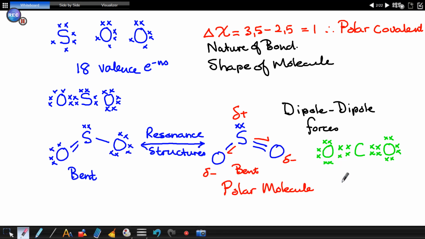So this molecule has only 2 things around the carbon, the 2 oxygens with their bonding electrons. So this molecule is a linear molecule. And although the bond is a polar covalent bond, the molecule is not a dipole.